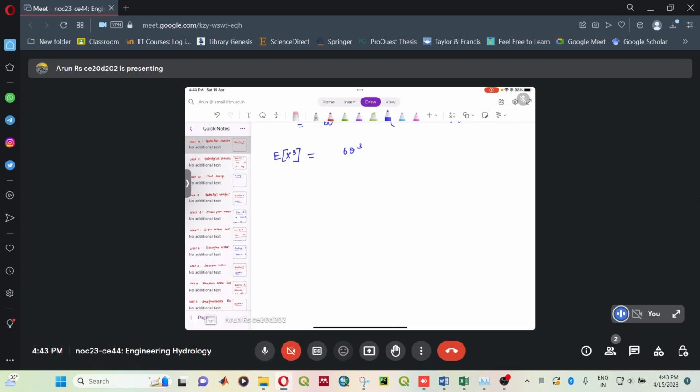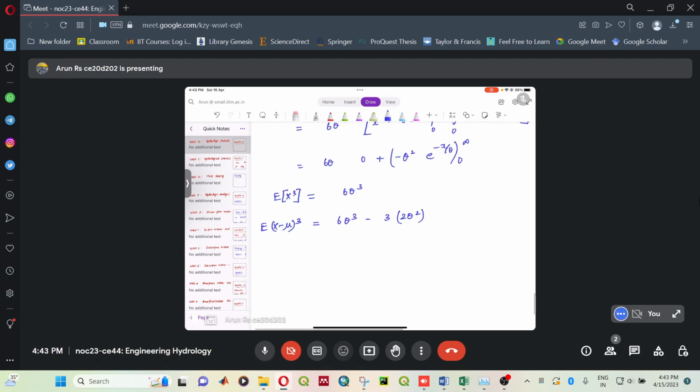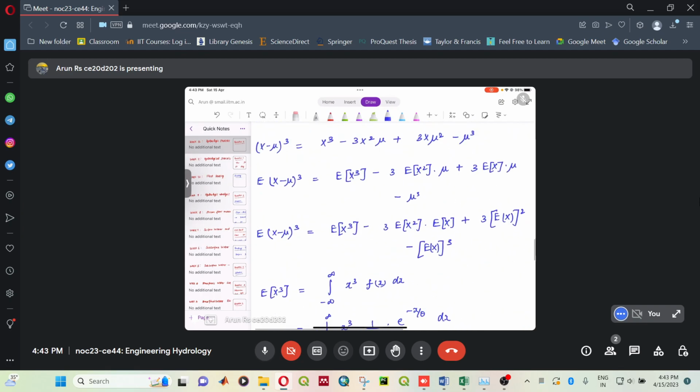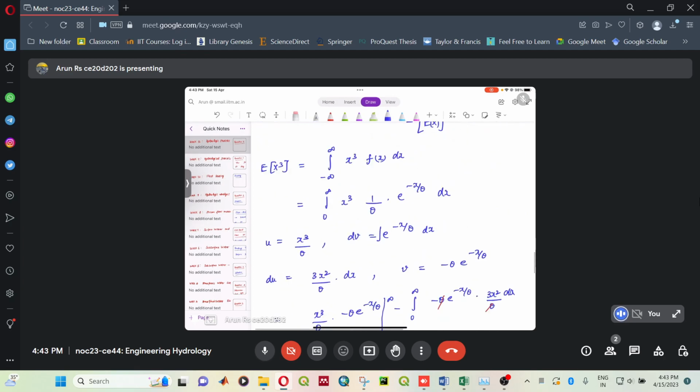Now we can find out what is E of x minus mu the whole cube. That is E of x cube minus 3 times of E of x square.